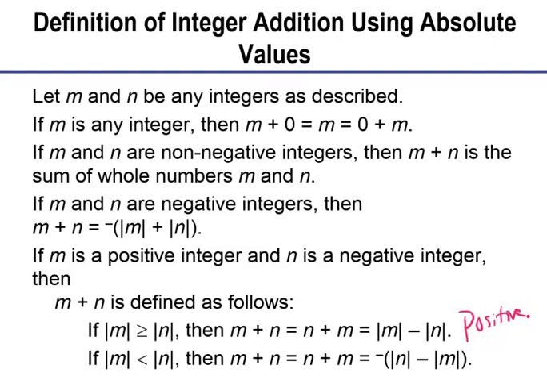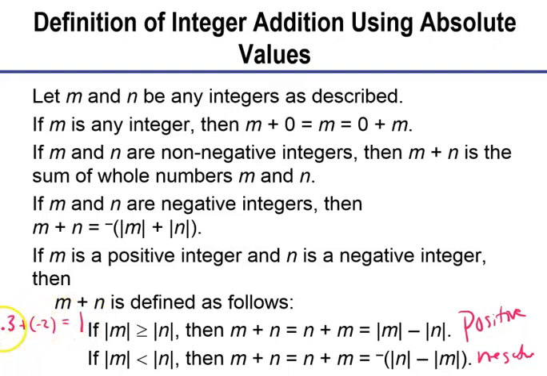Okay? If m is smaller than n, so n is the bigger number, then when you're adding them together, your answer is negative. And again, I think you're going to feel better if I show you examples here. For the first one, if we take 3 plus a negative 2, notice what we really do is subtract the two numbers. 3 minus 2 is 1.